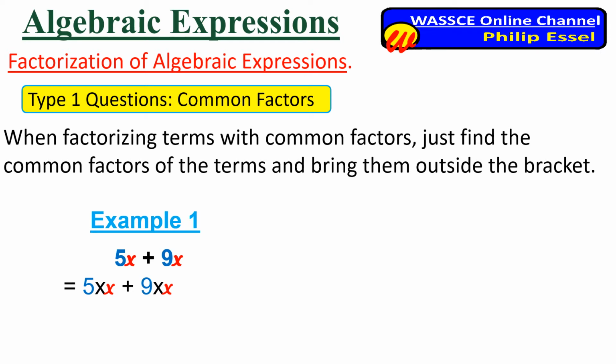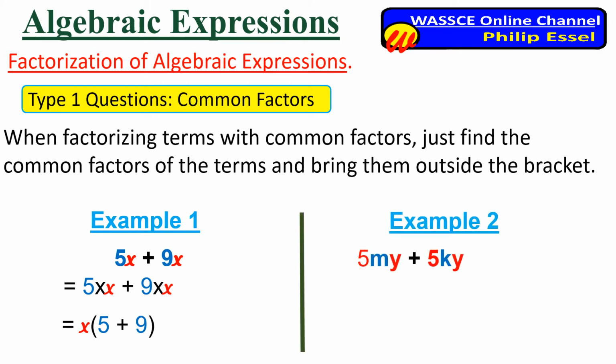From this expansion, you would realize that the item that is common to both terms of this expression is x. So we would bring the x outside of the bracket, then the 5 and the 9, we put them in the bracket. When we do this, we would get x, then our bracket 5 plus 9, bracket closed.